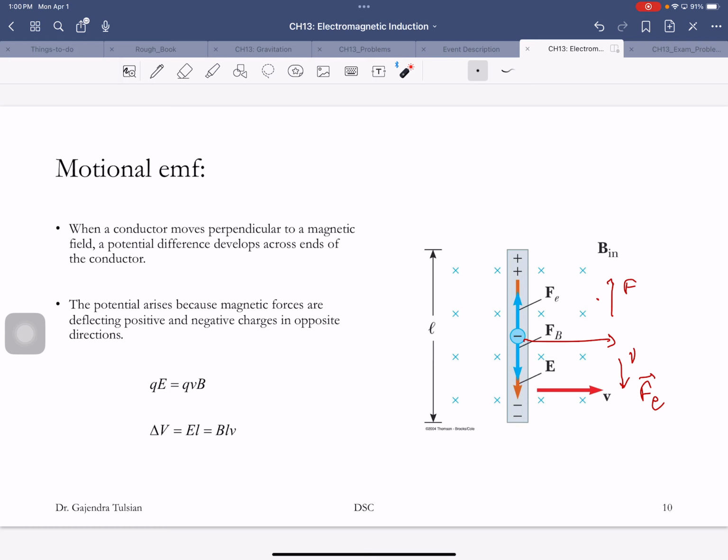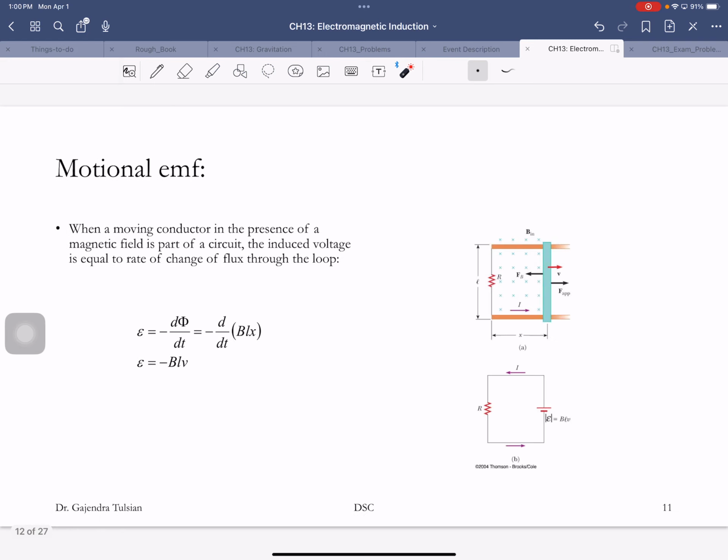So when moving the conductor in the presence of a magnetic field, the induced voltage is equal to the rate of change of flux through the loop. For instance, when you move this rod as part of the circuit to the right, the flux through this circuit is increasing.